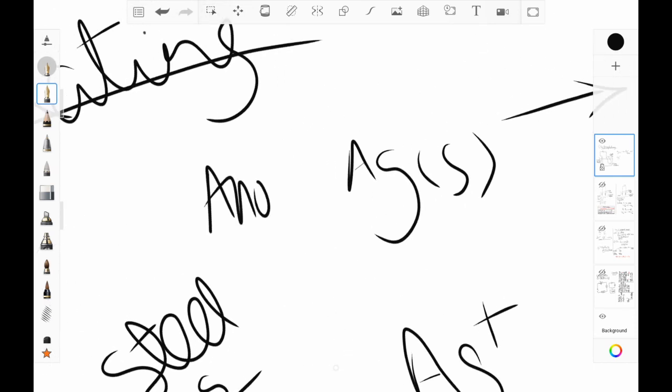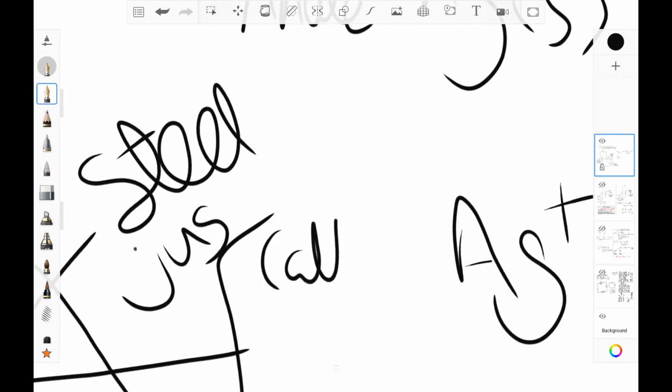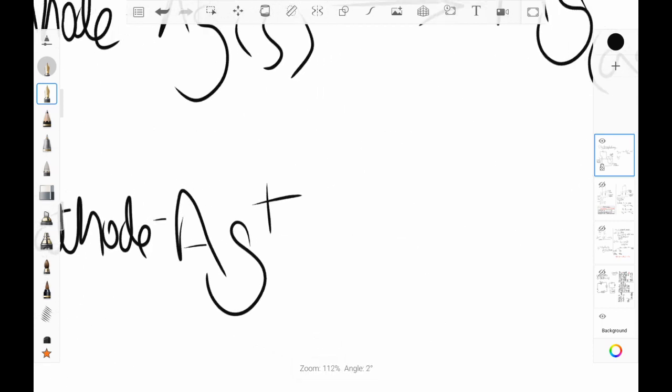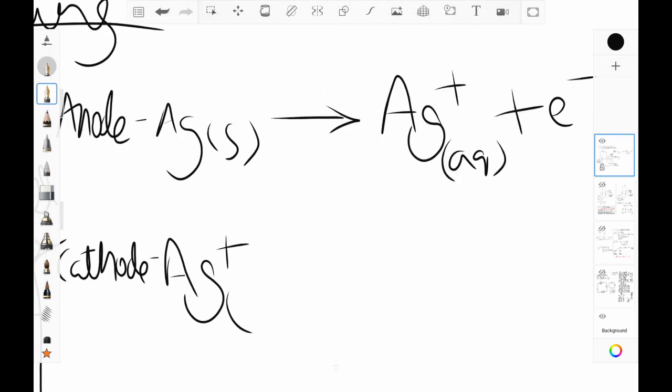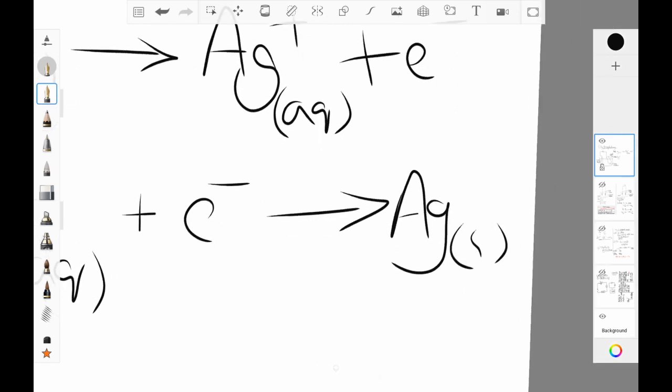At the cathode, you have the silver ion, which gains an electron and forms silver.